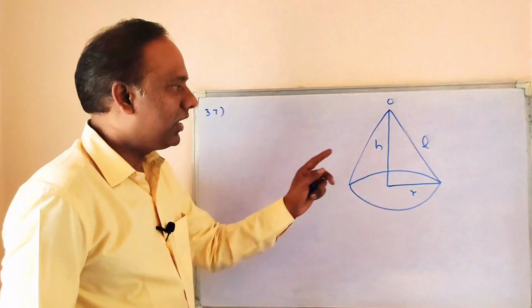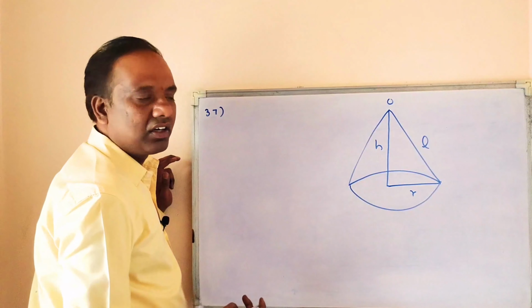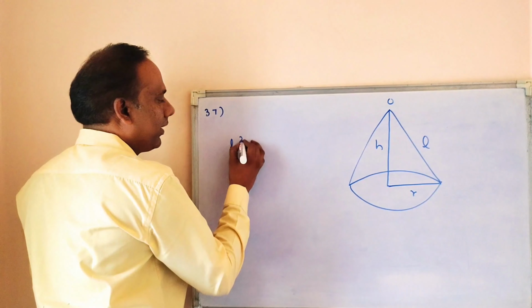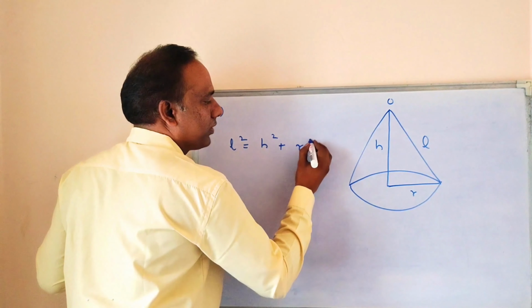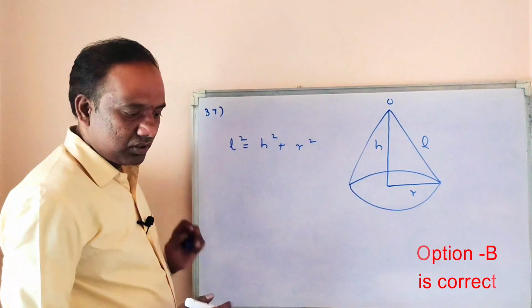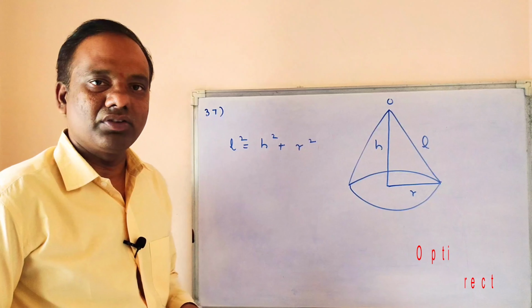In this case the relation is, actually it is like a right angle triangle. So the slant height is the hypotenuse now. So L square is equal to h square plus r square. So here option B is the correct answer.